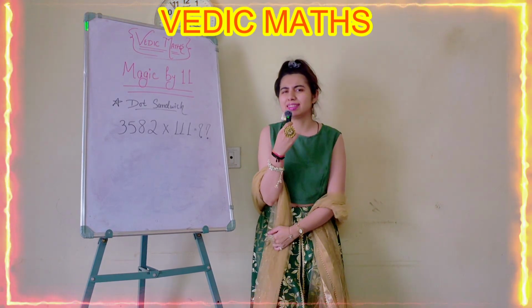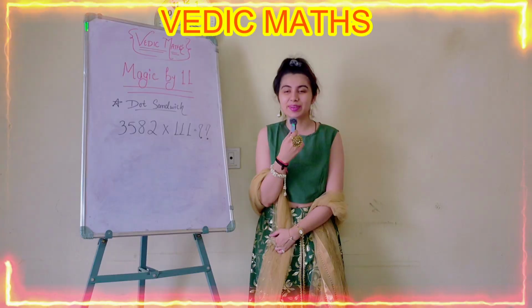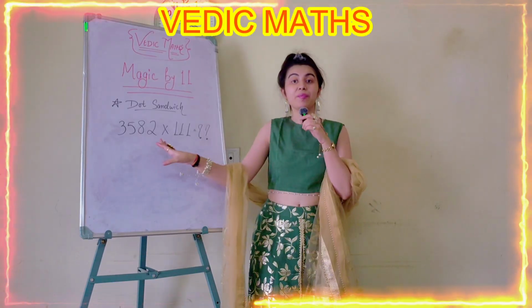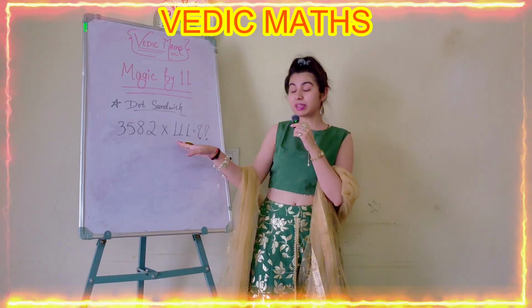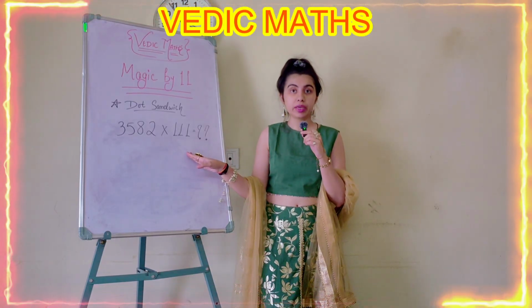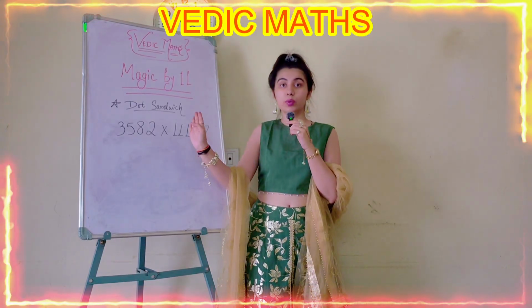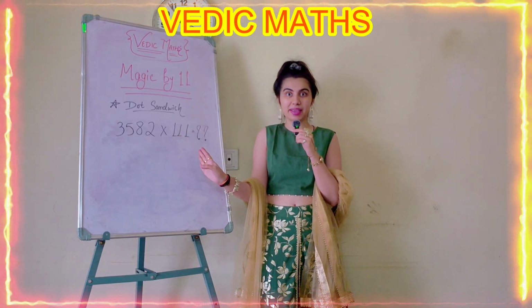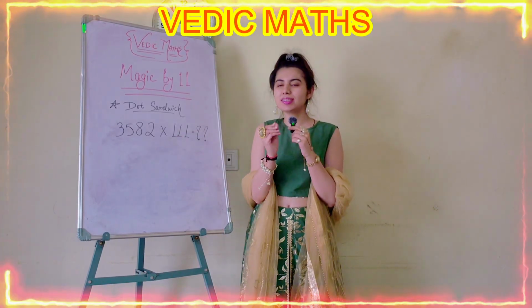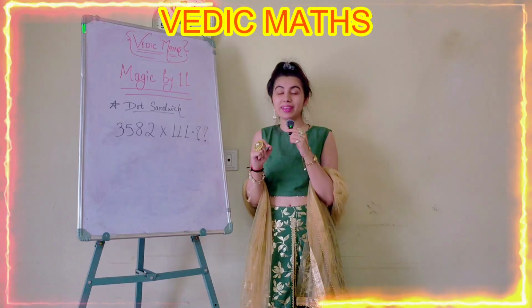Let's discuss that in the next class. Now the new topic we are going to discuss is multiplication by 111. Since we are learning the dot sandwich method, that will remain the same, just the dots will be increased.